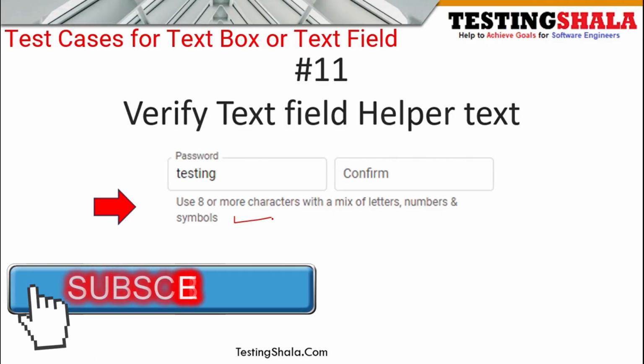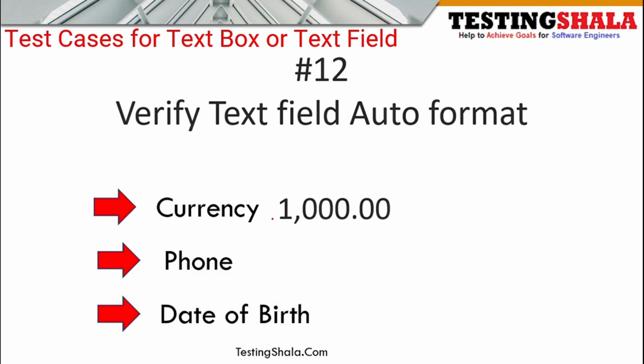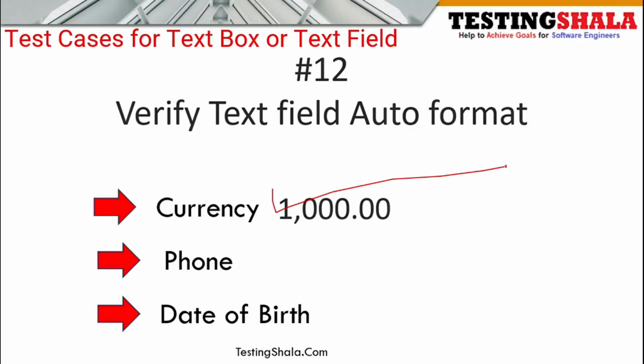Then the 12th test scenario for a text box or text field is verifying auto format, especially if the text field is used for currency. Every country's currency is shown in a different format, and your text field should appropriately bifurcate hundreds, thousands, lakh, million, and so on.